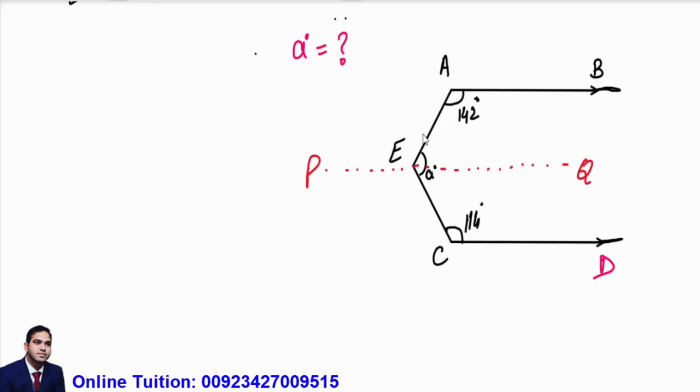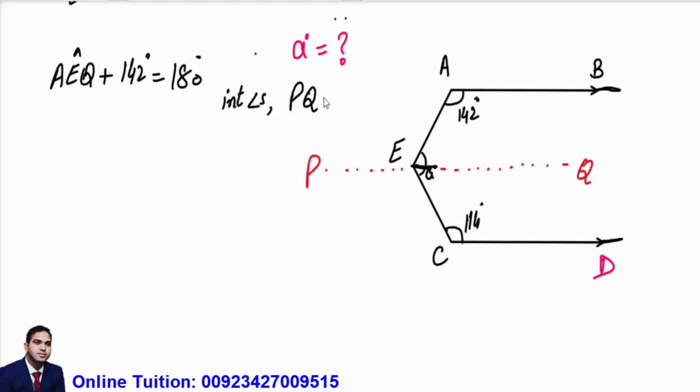For this, you can see that AEQ plus 142 degrees is equal to 180 degrees, because internal angles are equal to 180, and this is PQ parallel to AB.